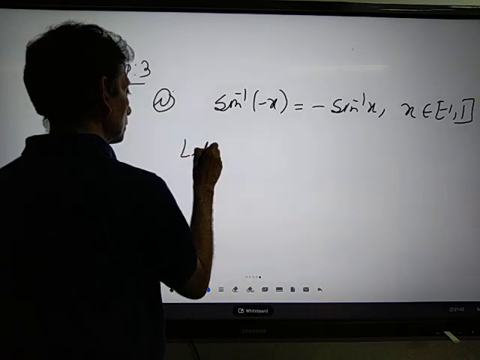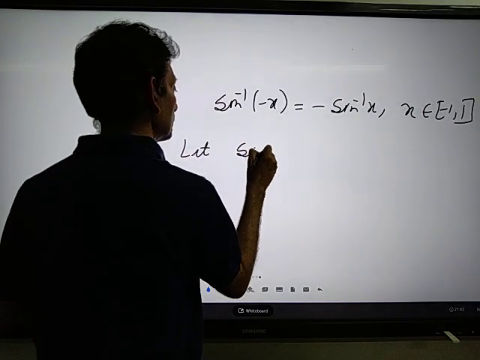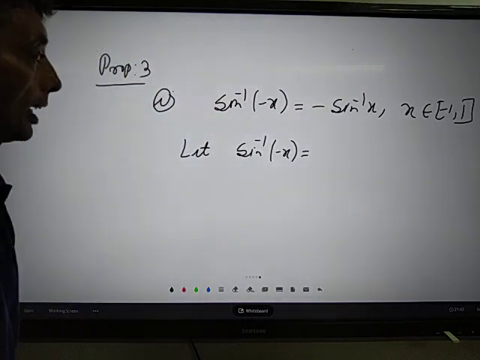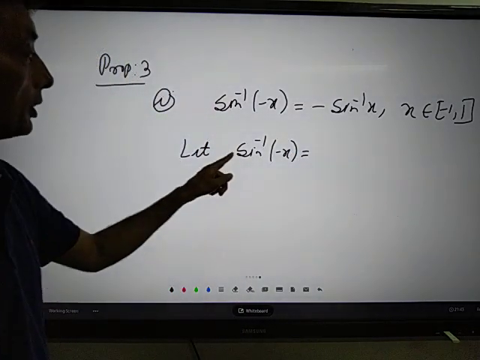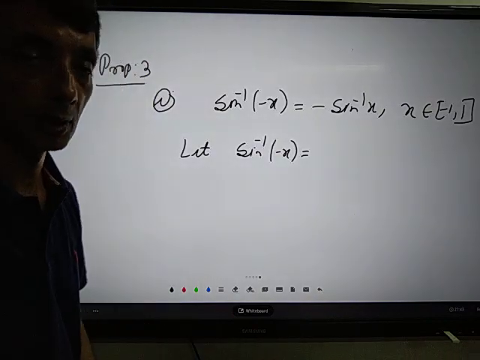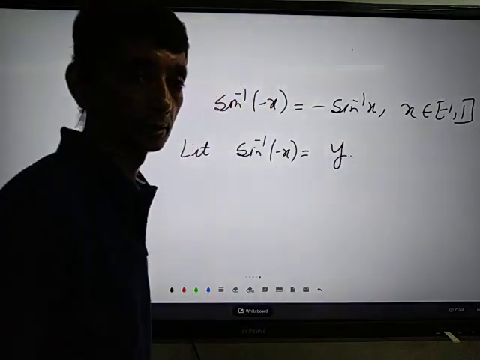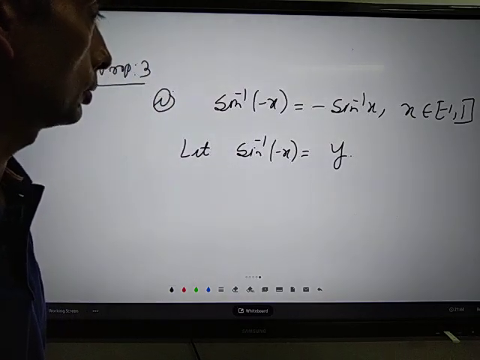So how to prove this? Let sine inverse of minus x, so assume that sine inverse of minus x is equal to y.